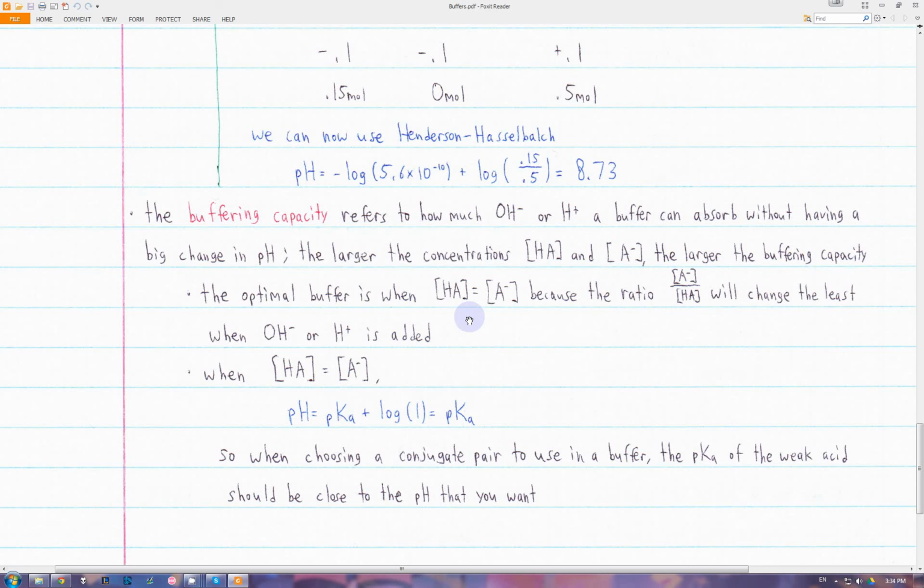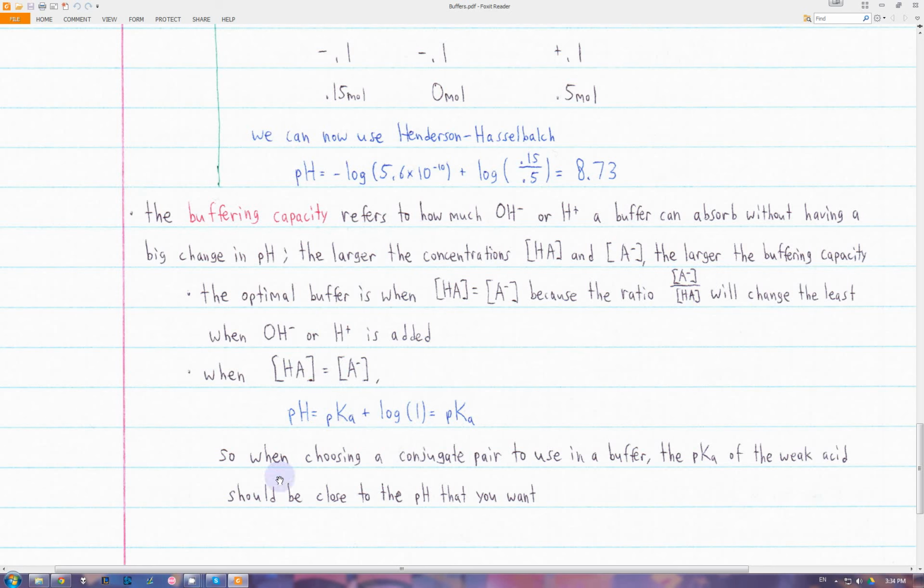Because if they're the same, then this ratio will change the least when we add an OH minus or H plus. And so if these concentrations are equal, putting that in the Henderson-Hasselbalch equation, this ratio of 1, well, the log of 1 is just 0, so the pH will equal the pKa if these concentrations are the same.